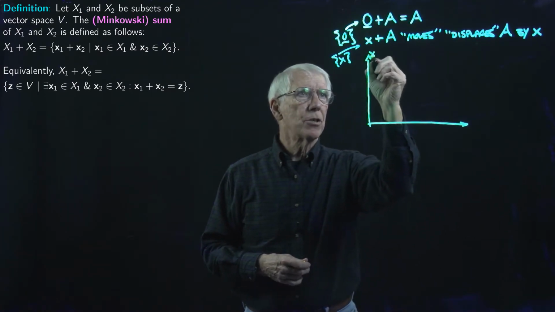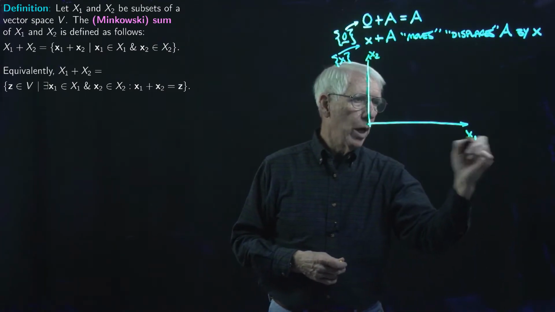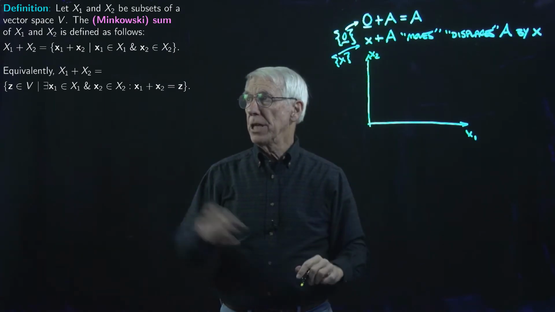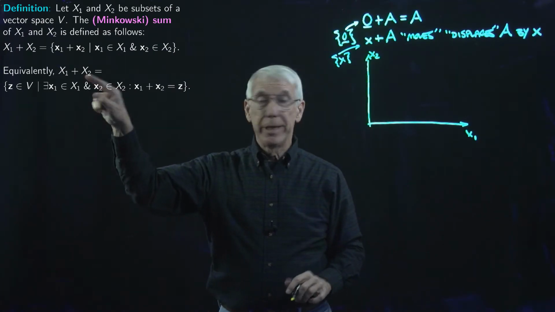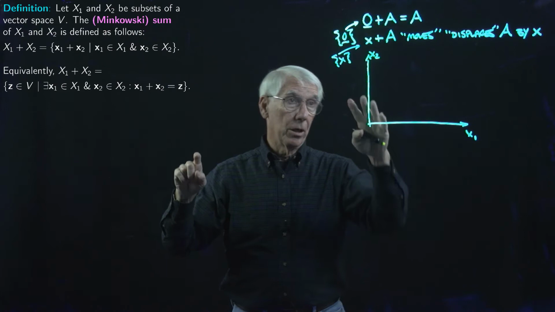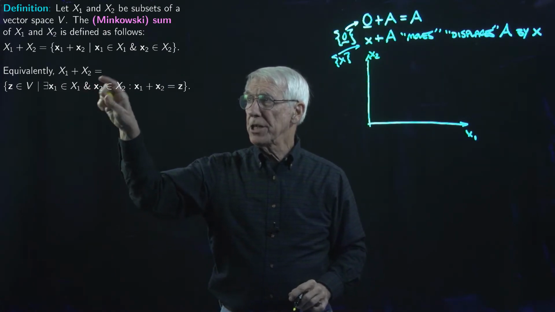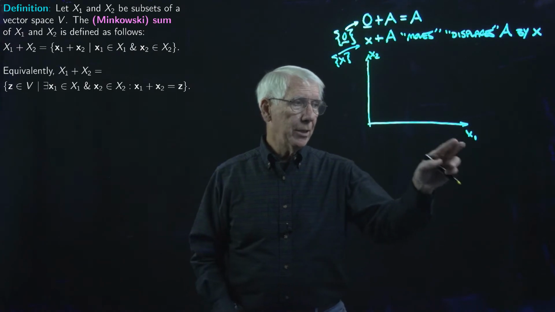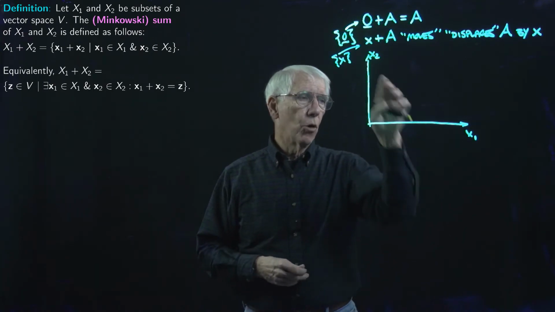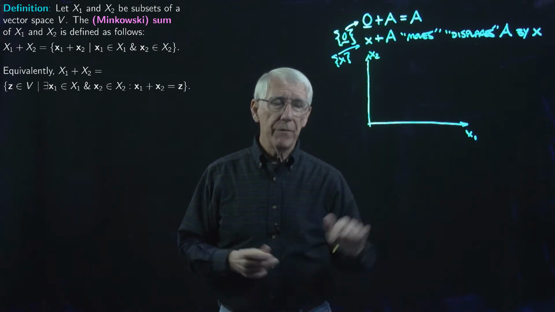So this is x2, this is x1. Now these are the components, not x1 and x2 over here, so it probably could be a little confusing notation. The x1 and the x2 over here are distinct vectors. Here I'm using the subscripts for the components of a vector.